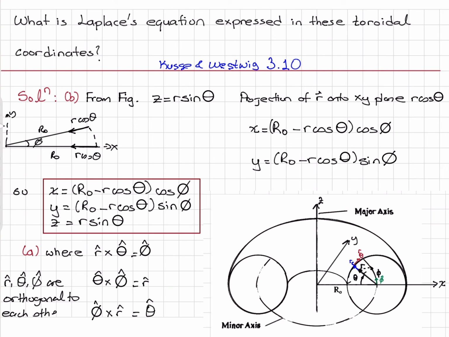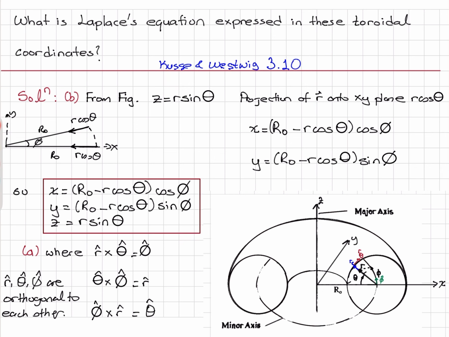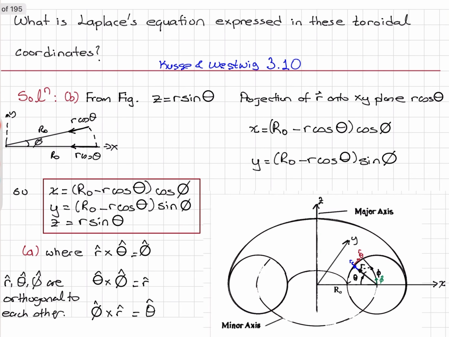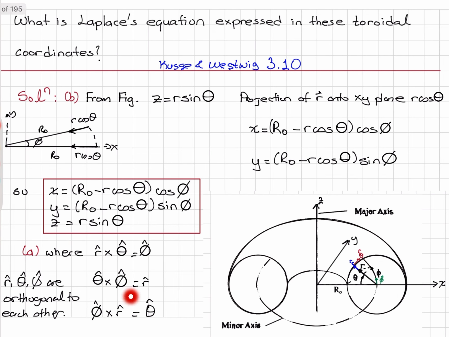Their cross products imply that r hat cross theta hat is phi hat, theta hat cross phi hat is r hat, phi hat cross r hat is theta hat. So this forms a right-handed coordinate system.